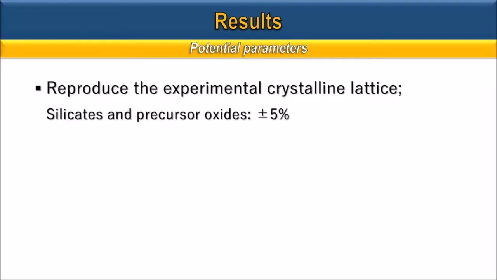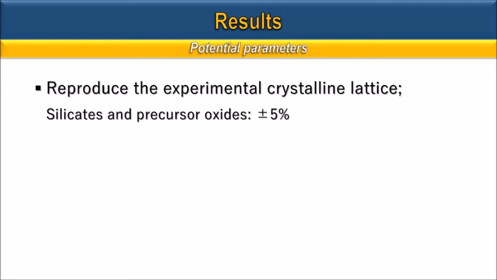The first was to compare the values obtained for the lattice parameters with the parameters of the experimental structure. In other studies with this methodology, it was determined that a good agreement in relation to the experimental lattice parameters is a maximum difference of 5% for silicates and the precursor oxides.